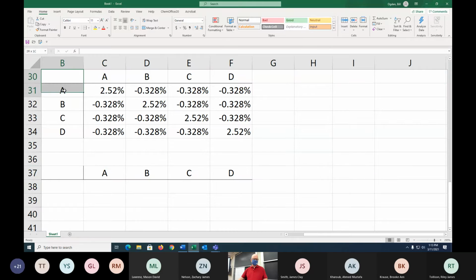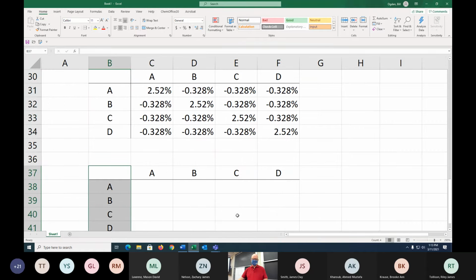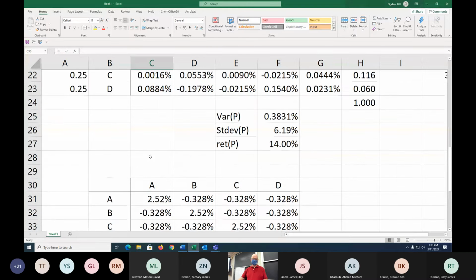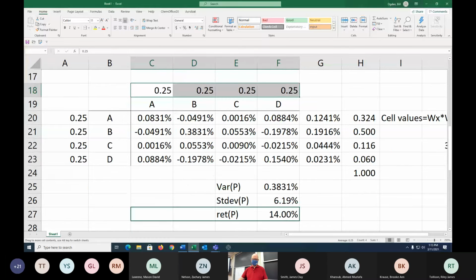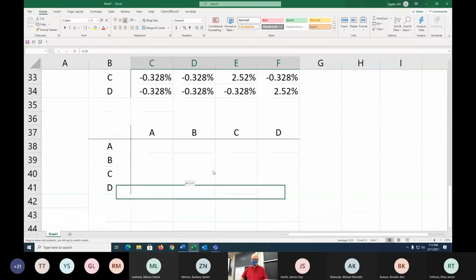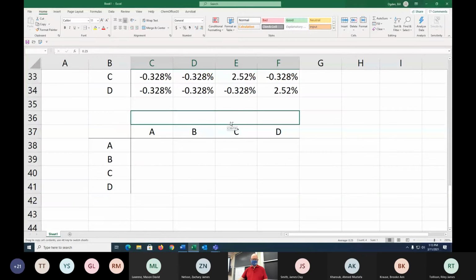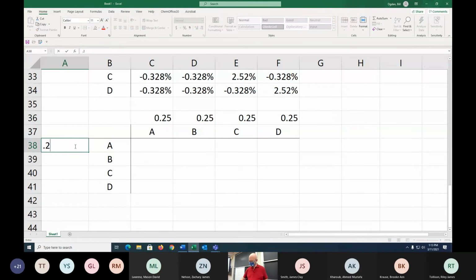Okay, let's copy our headings here. All right, and we will still use the 25% weights. So we're just doing everything we did up here. You can do it any way you want, but just get them in there somehow. Okay, so we'll do 25 here, and then we'll do 0.25 here.